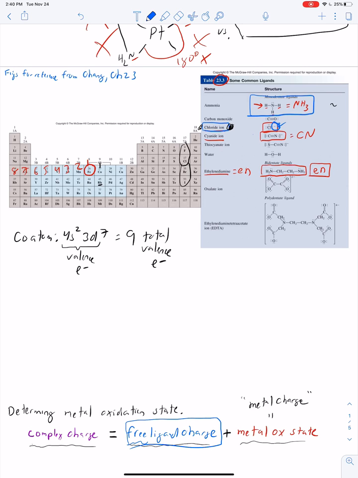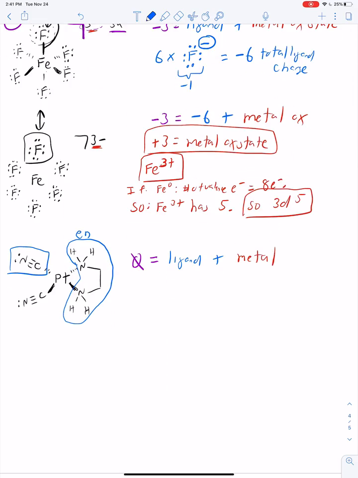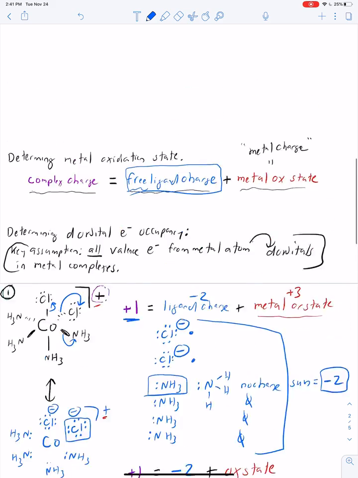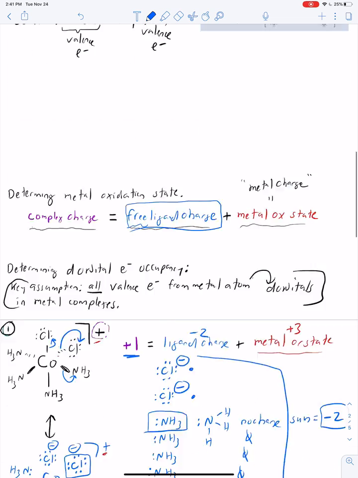Here's CN. We talked about it last time. And CN is a minus ligand. I'm just going to go record that. I have two CN minus ligands. I also have the ethylenediamine ligand, this one here, and this one is neutral. There is no charge on it.